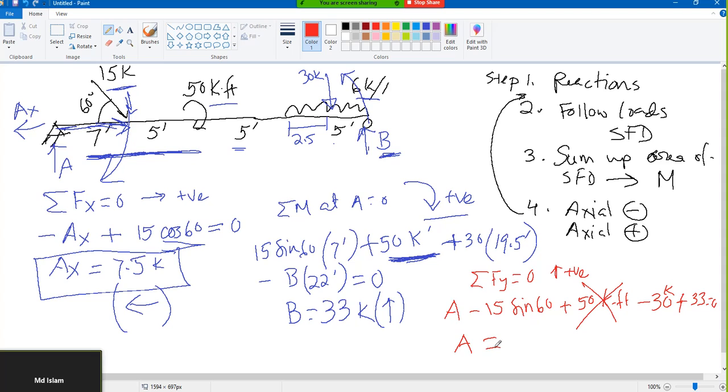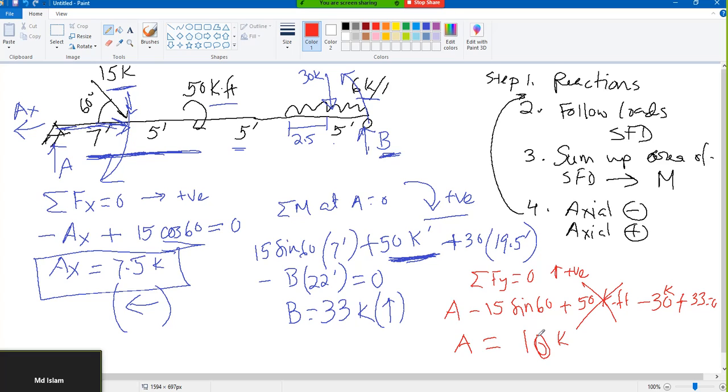If I use calculator, 15 times sine, I got 9.99. I will write 10. So you can see I am rounding up 9.99. I wrote 10. So in the diagram there might be small rounding error, but that is okay.